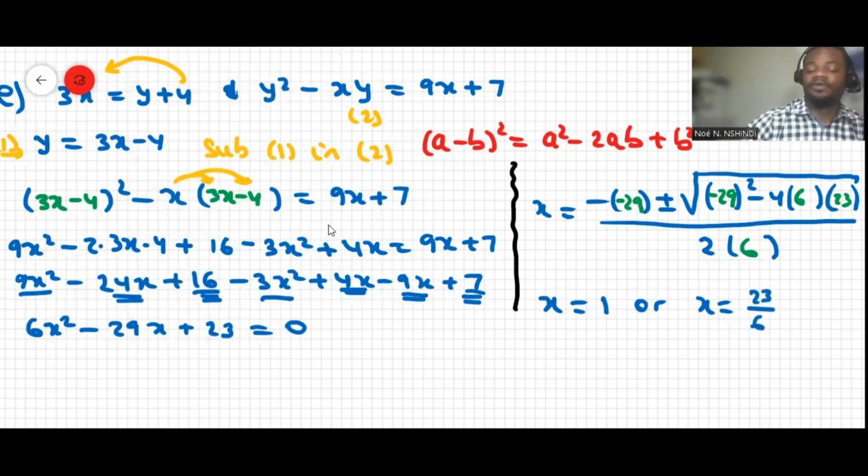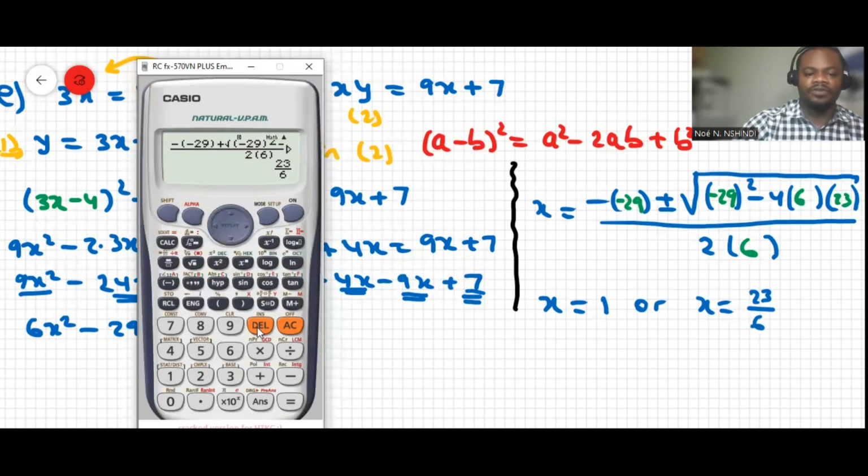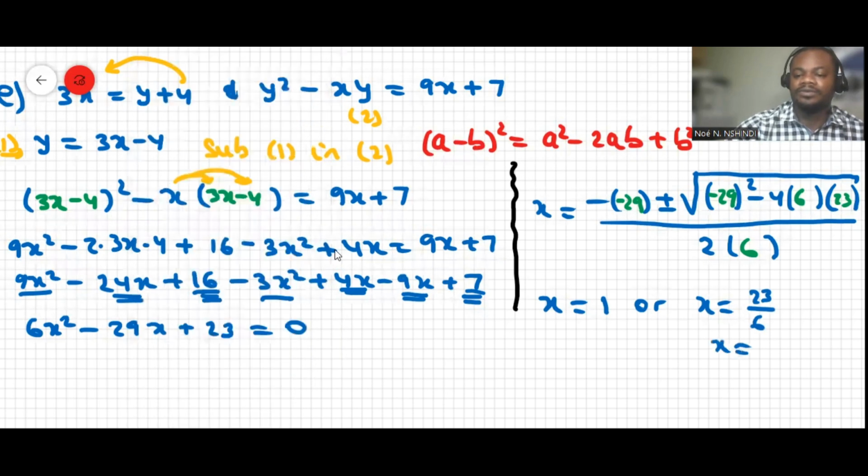Now that we got the value of x, 23 over 6 is approximately 3.8, let's just press SD here. So that makes x equal to 3.8. Now that we know the value of x, we can substitute in y.